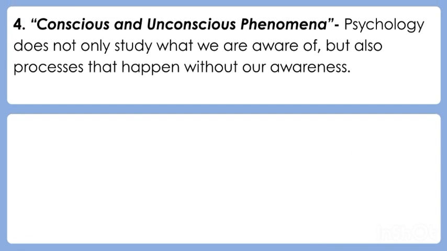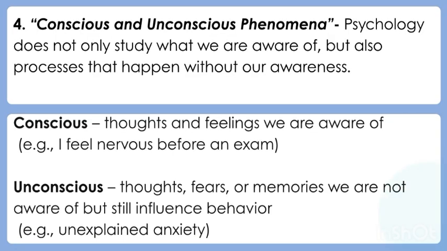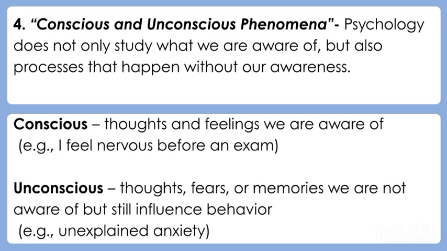Next, conscious and unconscious phenomena. Who among you knows what conscious and unconscious phenomena are? Alright, psychology not only studies what we are aware of, but also processes that happen without our awareness. Conscious refers to thoughts and feelings we are aware of. For example, I feel nervous before an exam. So you are aware of your feelings or your thoughts.